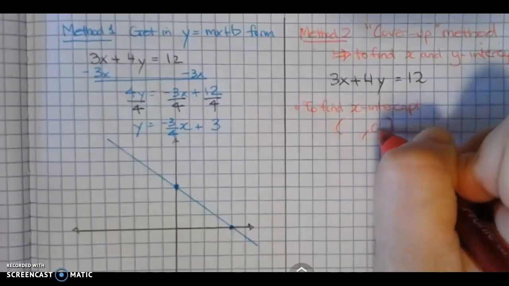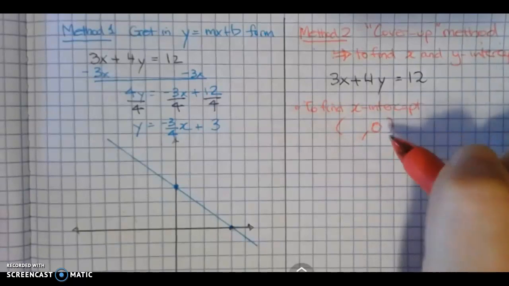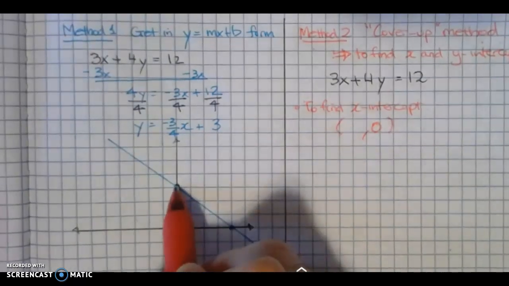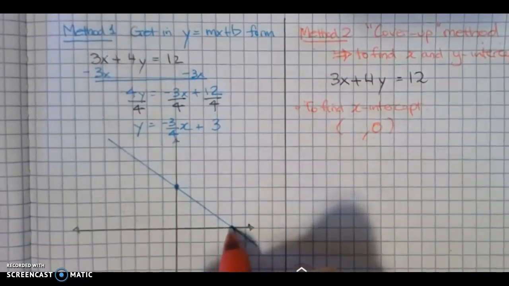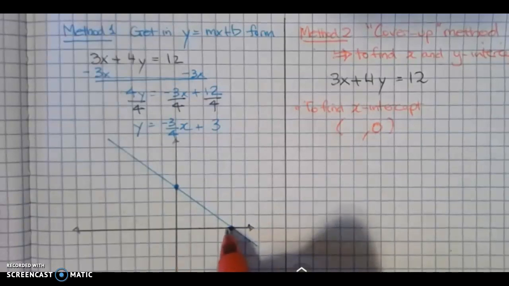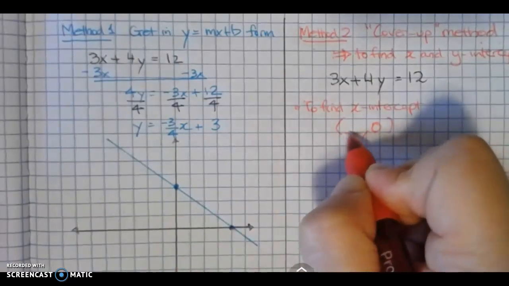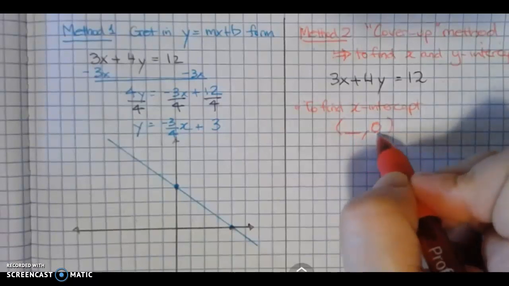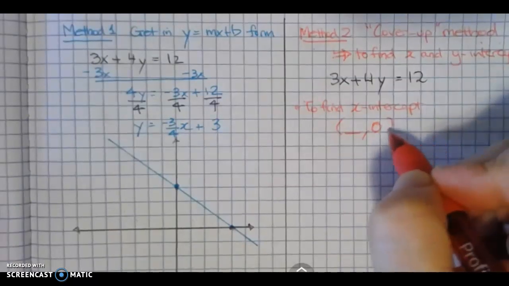I hope you said with the x-intercept, y is always going to be 0. The y value is always going to be 0, whereas we have some number for x.